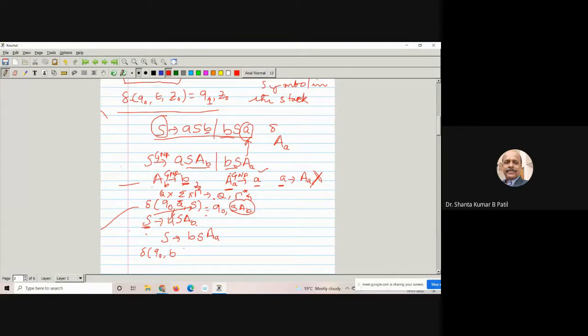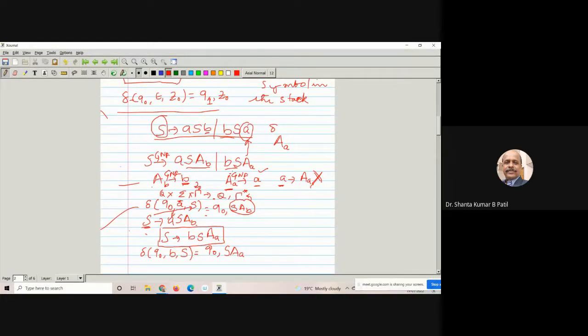So from this CFG, the sigma will be b, and Z naught is the starting symbol, so Z naught is S. So you can write it as equal to Q naught with the stack symbols SAA. This is how we convert the production: S defines small b, capital S, followed by the variables A and A.